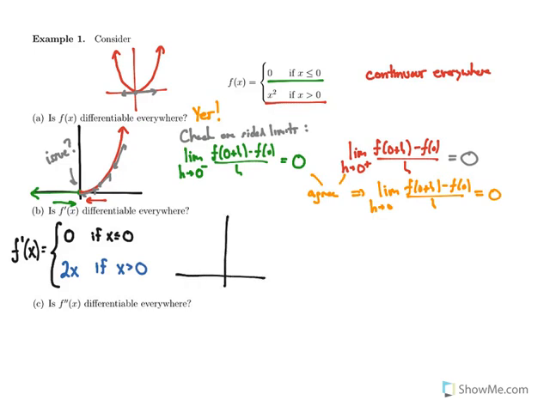And if we sketch this, on the left we have just the constant function 0. And on the right, we have the function 2x. So here, this is continuous everywhere.